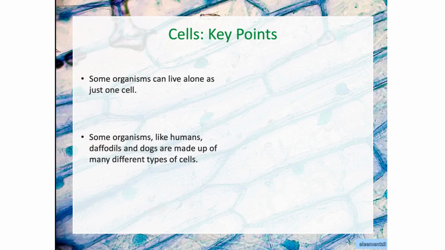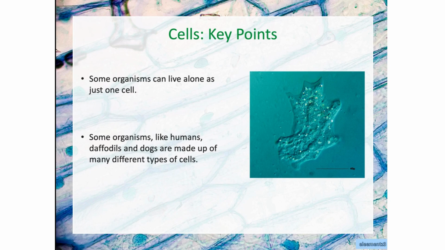Some organisms, like humans, daffodils, and dogs, are made up of many different types of cells. This is an amoeba, an example of a single-celled organism, also called a unicellular organism.